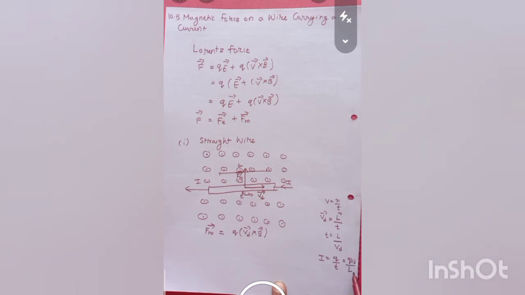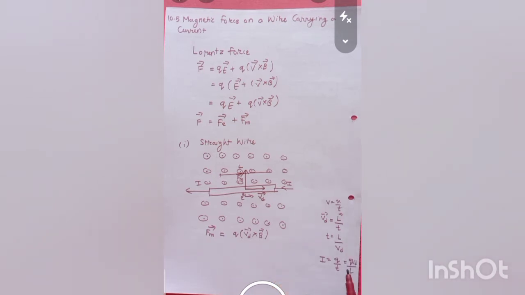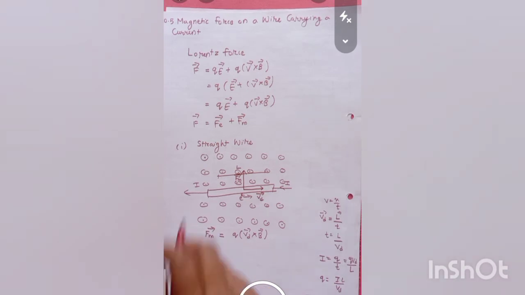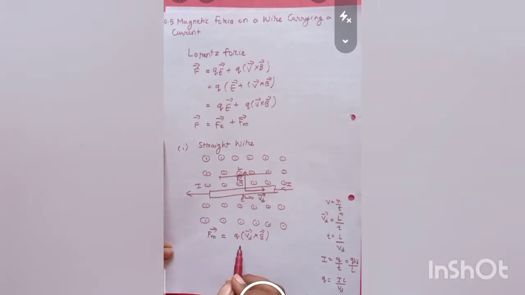QVd divided by L, and from this the value of Q is equal to IL by Vd, means IL by drift velocity. So if I substitute here instead of this Q, what I will get? IL divided by Vd, and if I solve this cross product, we know that cross product is nothing but the magnitude of this, that is BVd.